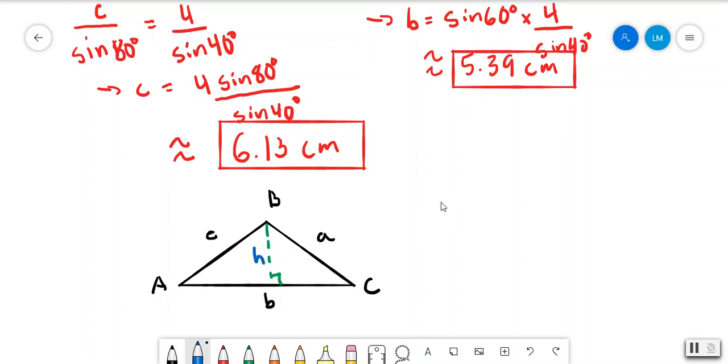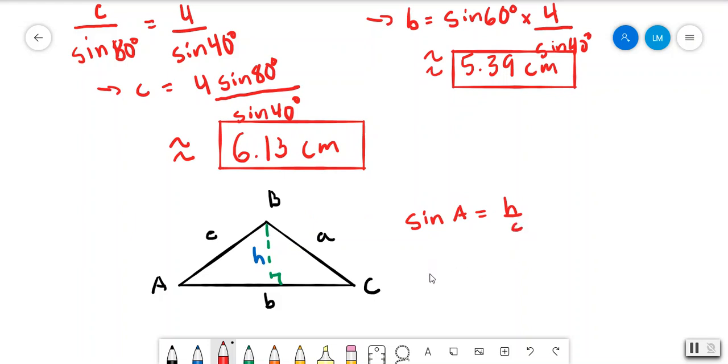So one thing that I'll notice is that if I go ahead and try to find sine of A based on this diagram, I have that sine of A is going to be h over c because I have a right triangle.